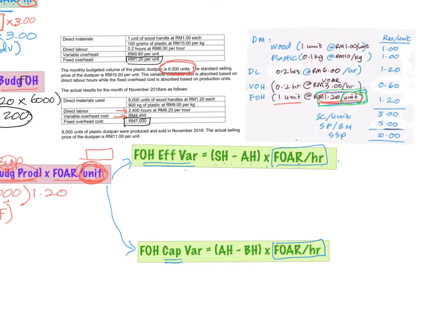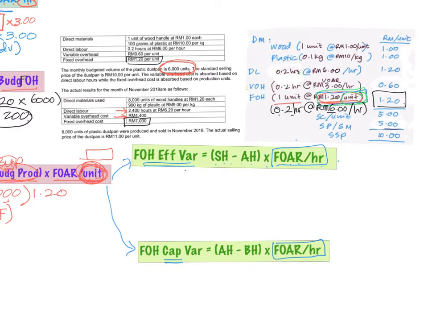So normally we follow the direct labor hour, 0.2 hour, and then add how much should it be here, so that you will have 1 ringgit and 20 cent also here. So when you calculate, your rate per hour is actually 6 ringgit per hour.